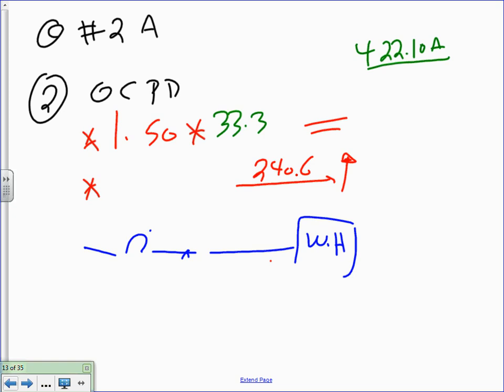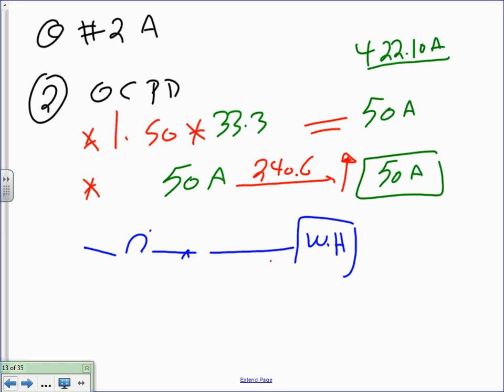How much? 50 even? Okay. So you take the 50 and you try to find the standard overcurrent protection device. Is 50 a standard? Yeah, we hit the jackpot, 50. If it's not a standard, you can go up, by the way. So it's a 50.